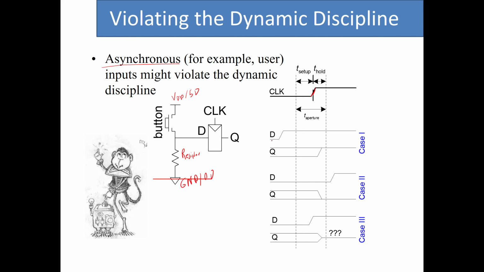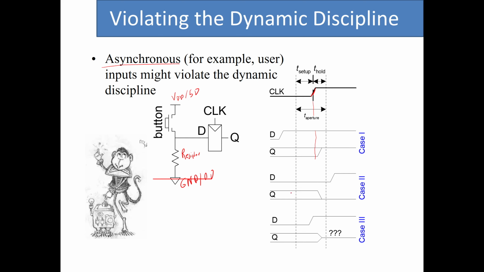So this is case 1, when D became stable even before the T setup time. In this case, on the rising edge of the clock, we get a sample of value D, and then after a short amount of delay, which is a result of the internal delays of the flip-flop, the change will be reflected in the output of the flip-flop.